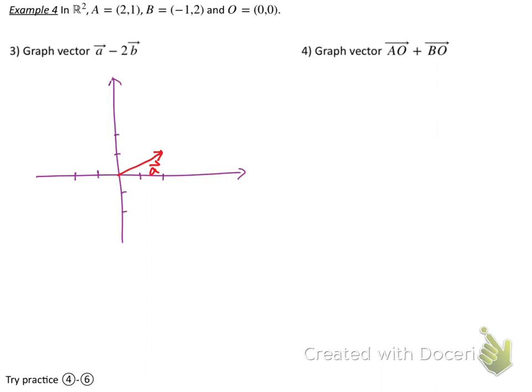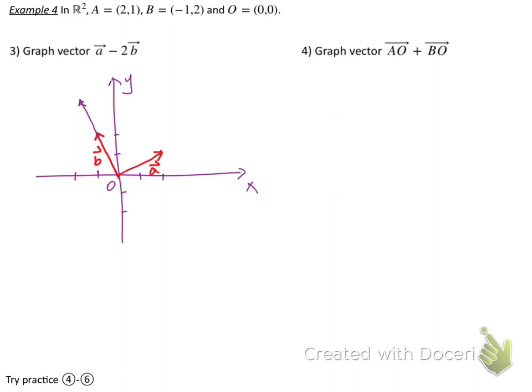That's my A, and my B is this. That's my vector A and B. Origin, X and Y. Now if I do A minus 2B, I do A first and I do negative 2B, right? So first, negative 2B is pretty much you double the B.